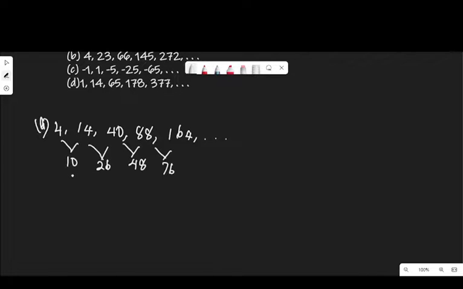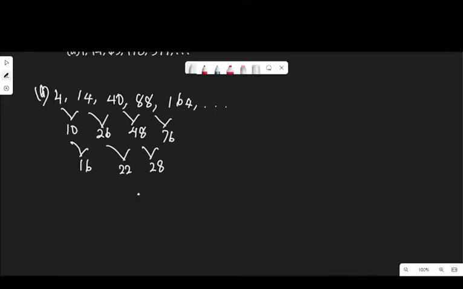Now for the second order difference, 26 minus 10 is 16, 48 minus 26 is 22, 76 minus 48 is 28. That is the second order difference.